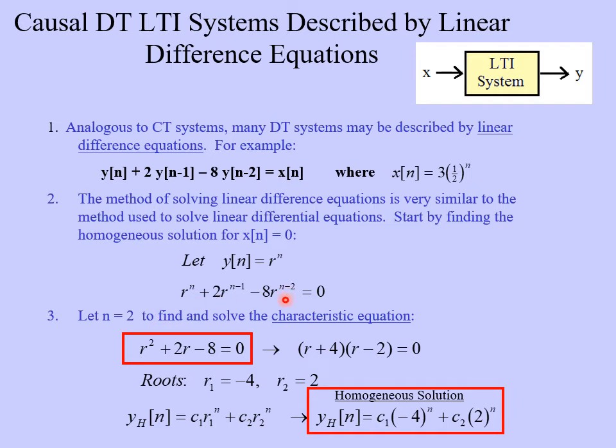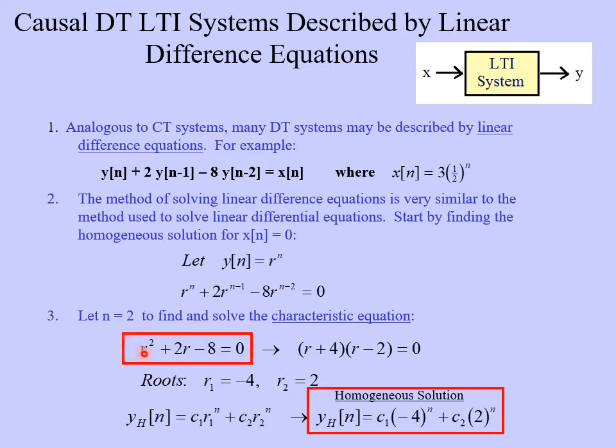If we let n equal 2, this first term becomes r squared. This term becomes 2r by itself. And the last term is minus 8 r to the 0, which is just 1. So we end up with minus 8, and that's equal to 0.